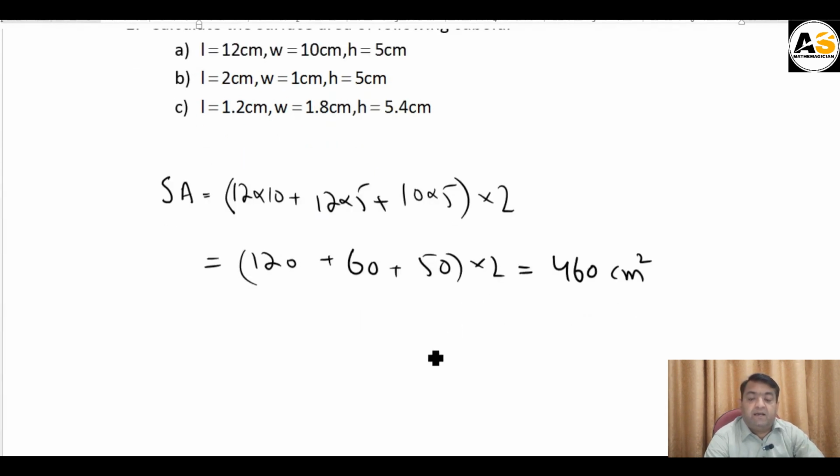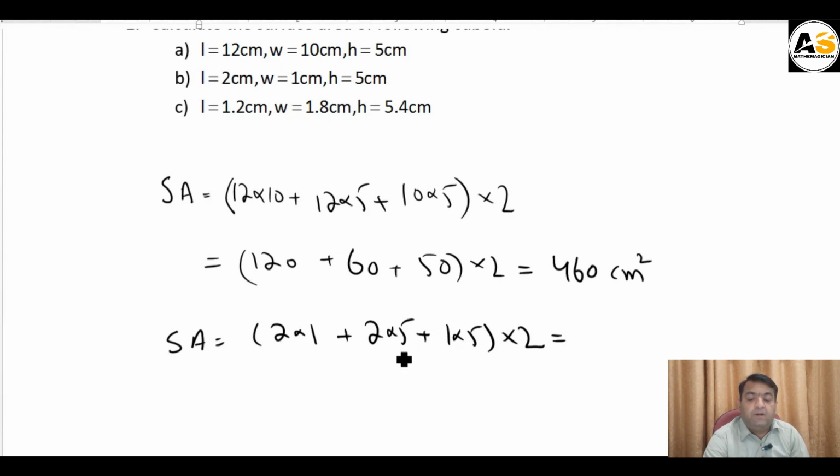In the second part, the surface area will be 2 times, length into width, 1 times 2 plus 2 times 5 plus 1 times 5, multiplied by 2, which will give us 2 plus 10, 12 plus 5, 17 into 2, 34 centimeter square.